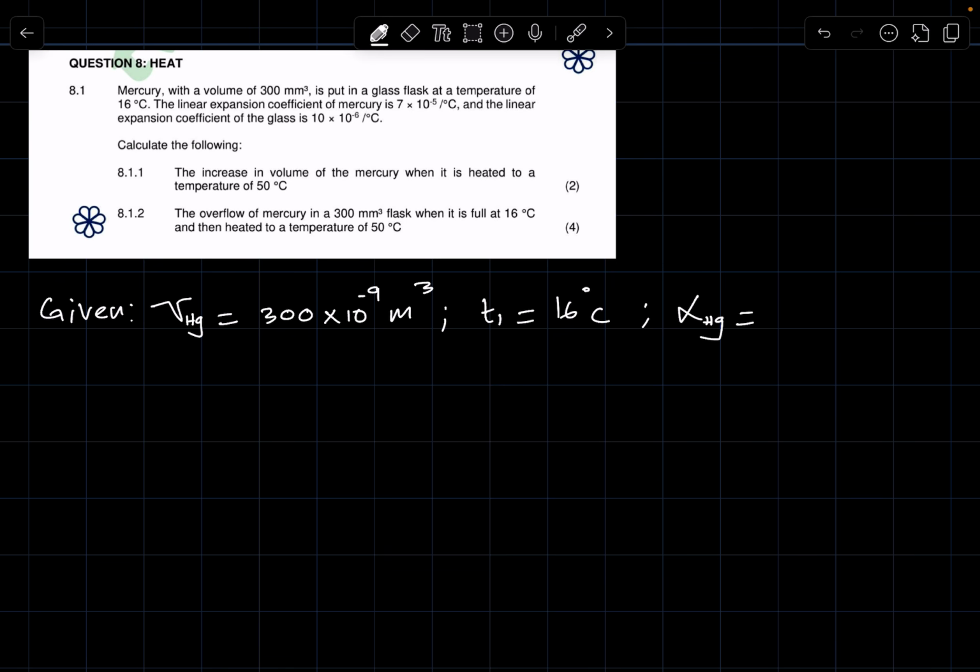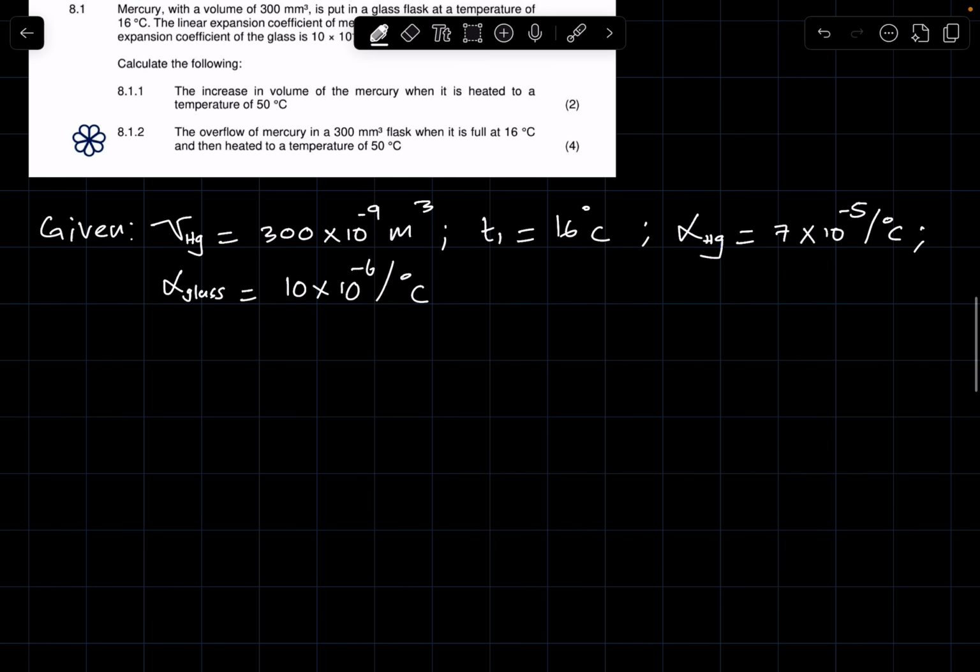It is 7 times 10 to the negative 5 per degree C. And then you also have that of the flask. Let's write glass, which is 10 times 10 to the negative 6 per degree C.